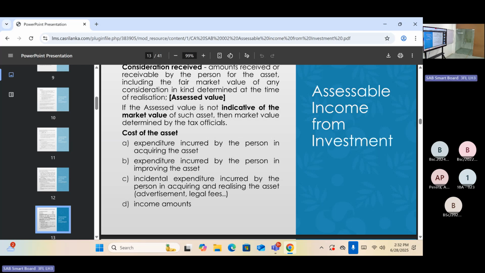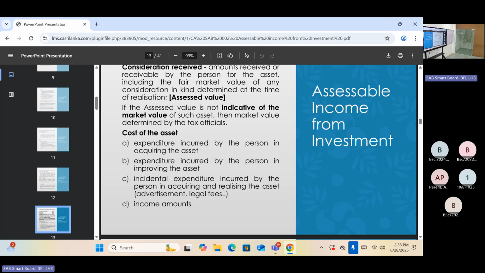The other thing is the income amount. What is meant by income amount? Here, income amount means income that we are not receiving in cash. As an example, say we are a real estate company.